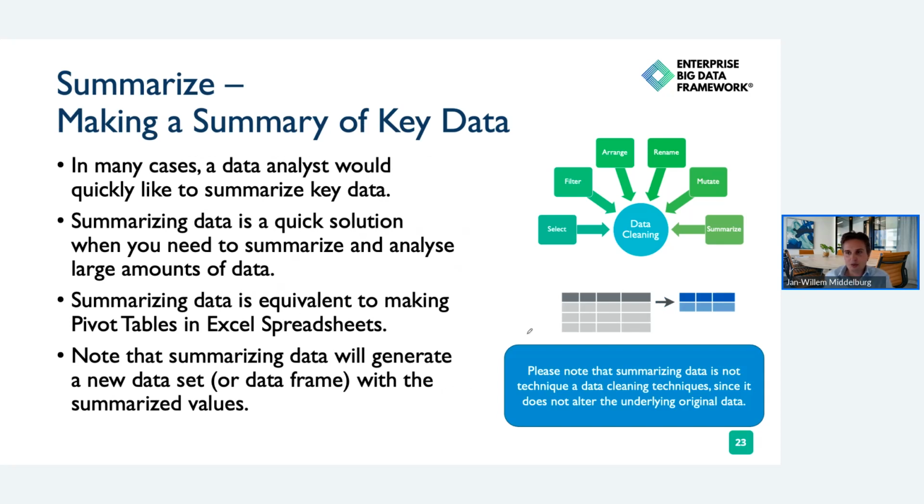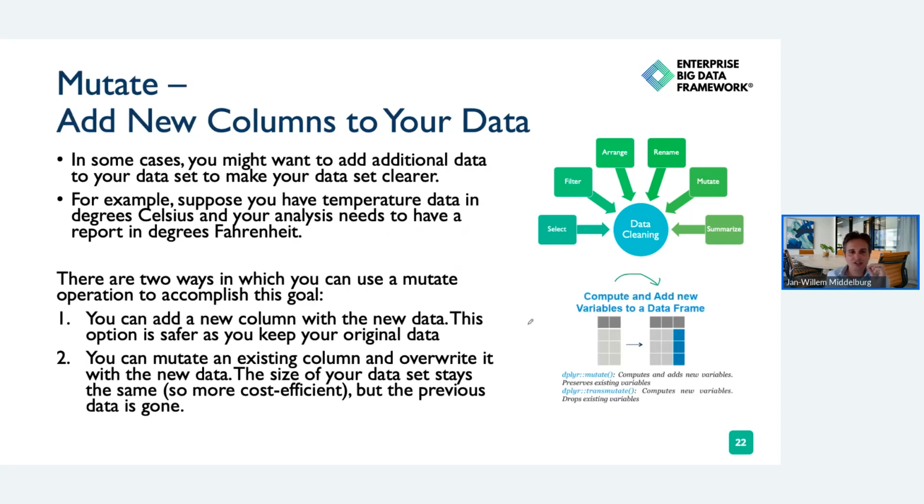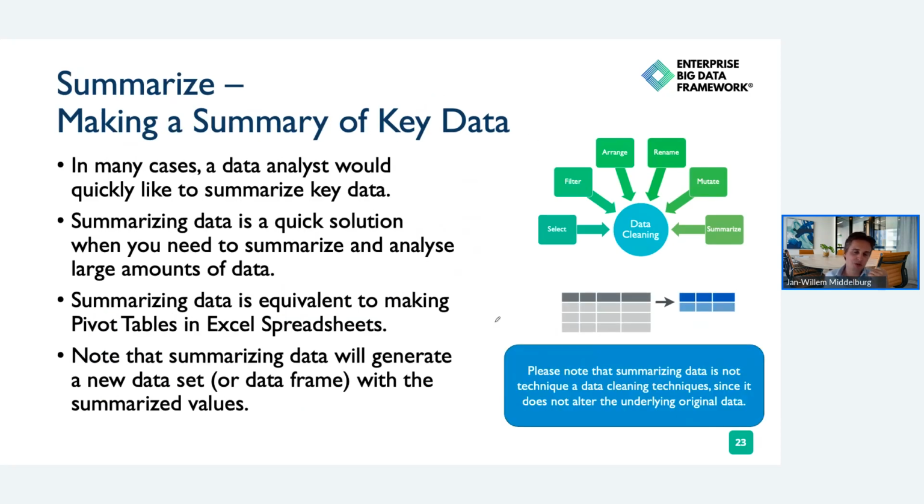Good, and then we move towards summarization. Summarization is going to make a summary of key data. In many cases, it's the equivalent of a pivot table within Excel. So it's a quick solution to summarize and analyze data.